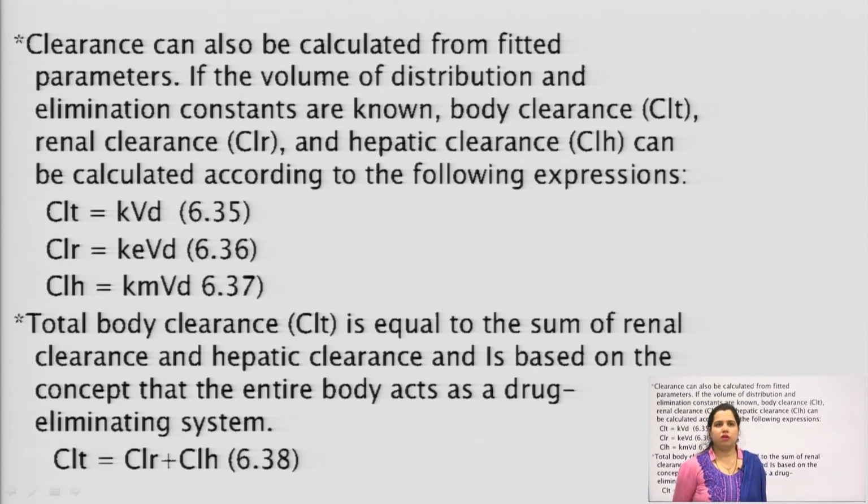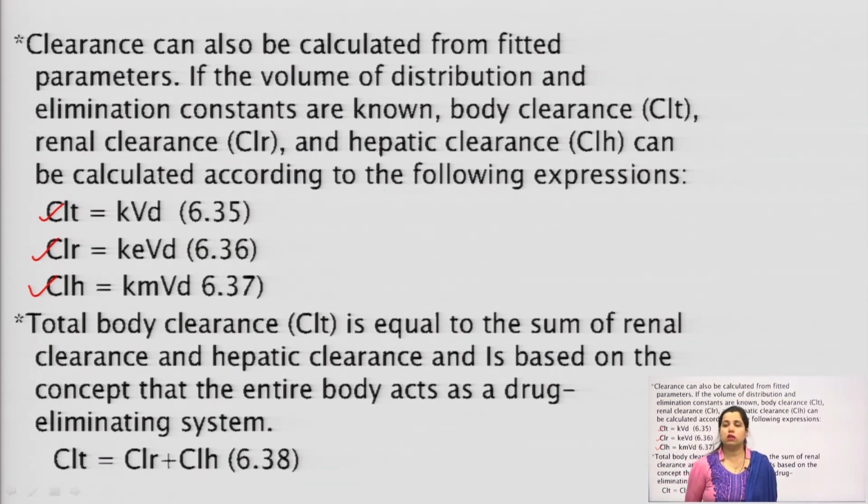Body clearance, renal clearance and hepatic clearance can be calculated according to the following expressions. So, here we use CLT total clearance equals K VD, CLR equals KE VD, CLH equals KM VD. Total body clearance CLT is equal to the sum of renal clearance and hepatic clearance, based on the concept that the entire body acts as a drug eliminating system.